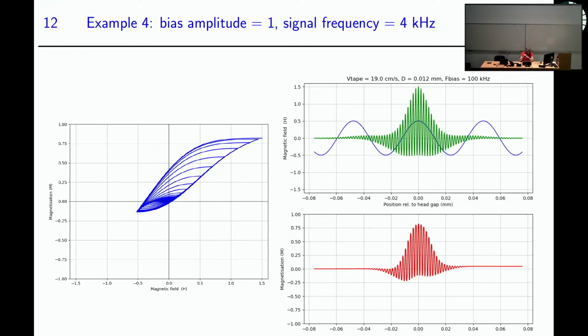For example, we have a 4 kilohertz signal plus a bias. So the blue trace is the signal, green is signal plus bias, and below the red one is the magnetic signal on tape, and the only thing that matters is again the value at the end when it converges.